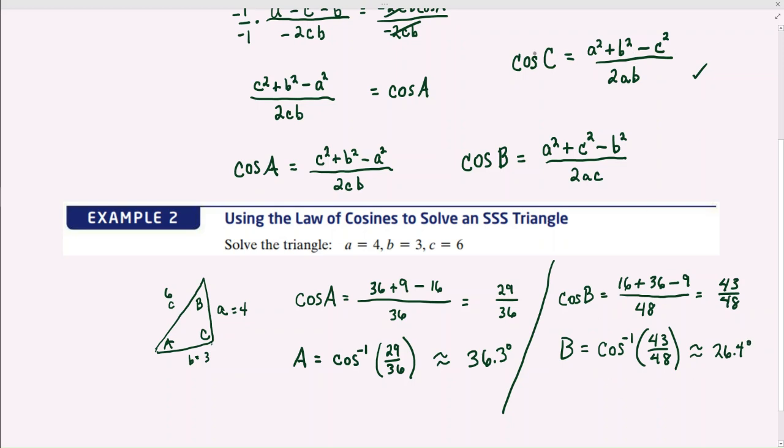And then I could go up here and use this for C, but since I've got 2 of the 3 interior angles and we know that they add up to 180, I can just figure out C's angle by subtracting A and B from the 180 total.